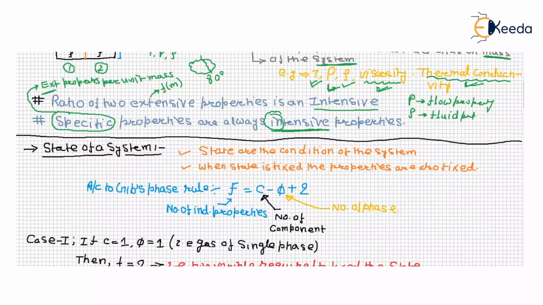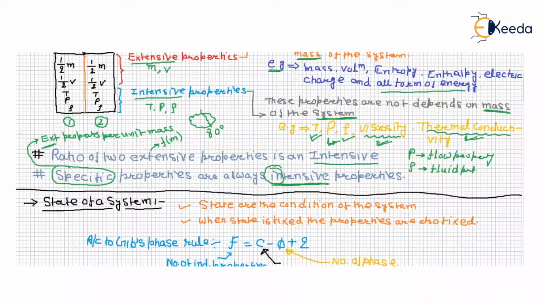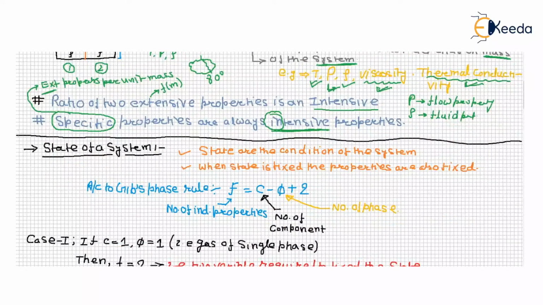Here we defined a system. There is a big list of properties. That means if you define a system, the system has temperature this one, pressure this one, volume this one, enthalpy this one, entropy this one. So we can say that when you define a system, there is a big list of properties.